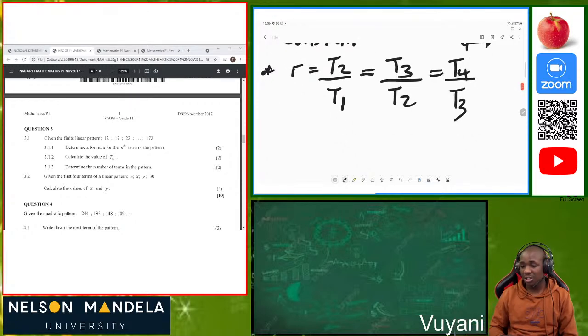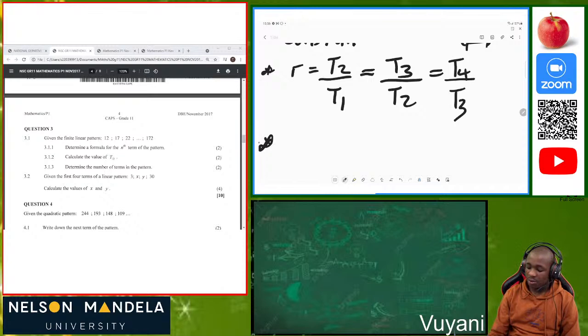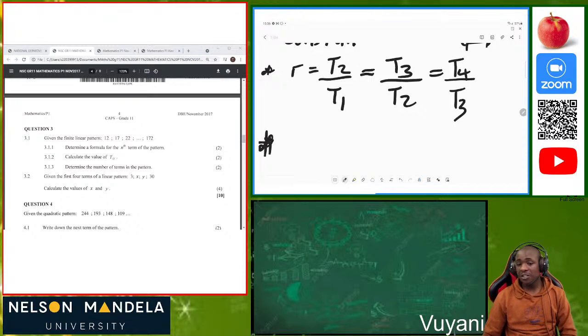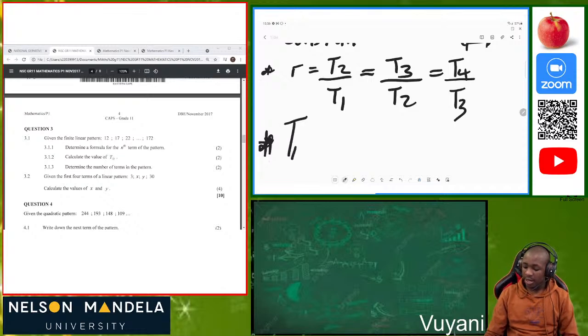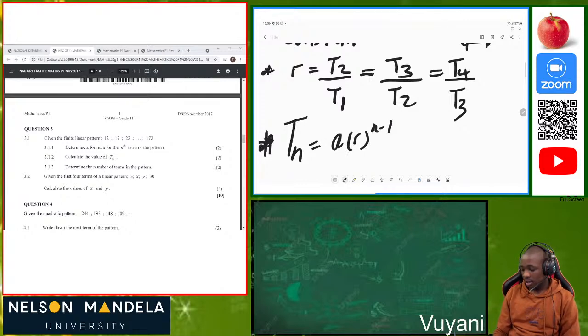So that's how we find our r. It's a constant ratio. Now, the general term of a geometric sequence is Tn equal to a r to the power n minus 1. This is our general term.